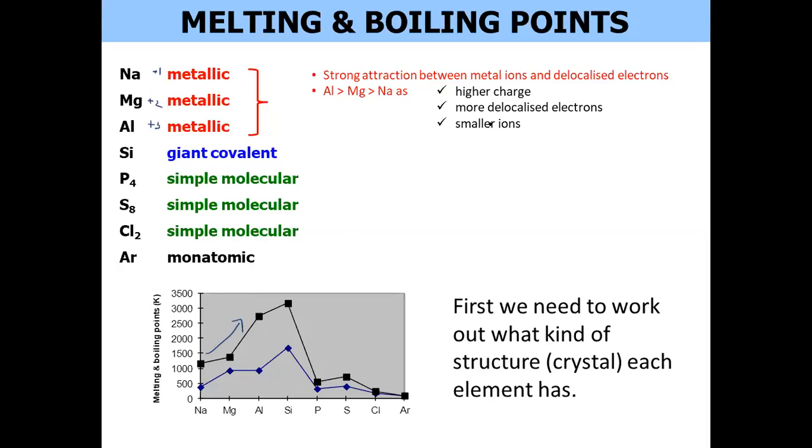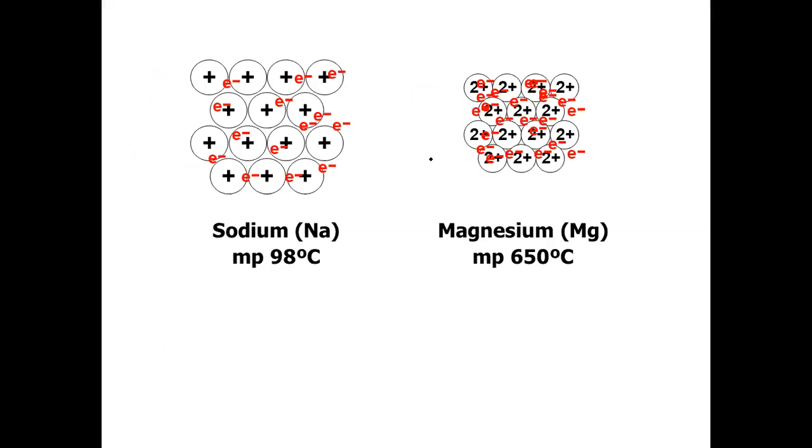And obviously smaller ions, because as we go across the period, they get smaller. If you were to compare it like this, this is what the difference would be between sodium and magnesium. Can you see more electrons, much more electrons, and the ions are 2+, and smaller radius, so more attraction. Here we've got more attraction because of those 3 factors.